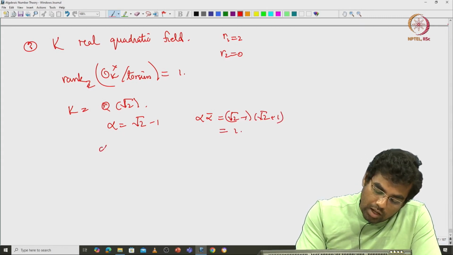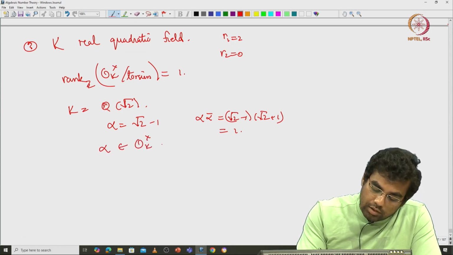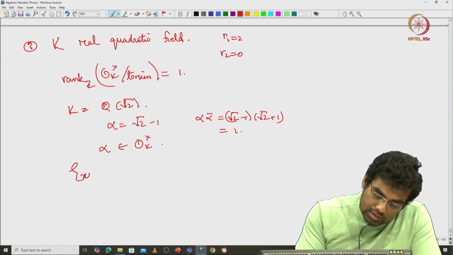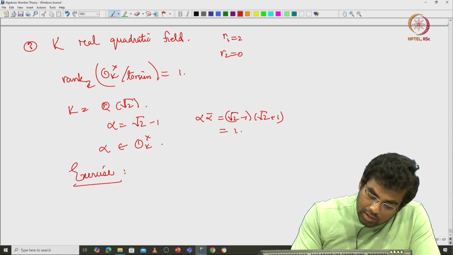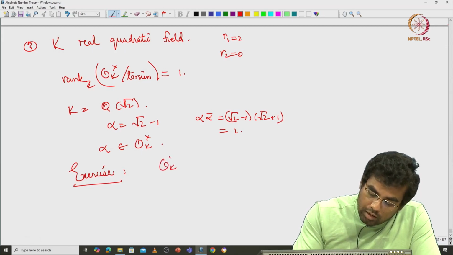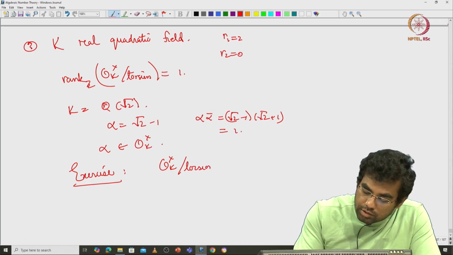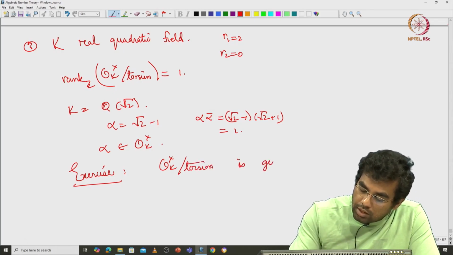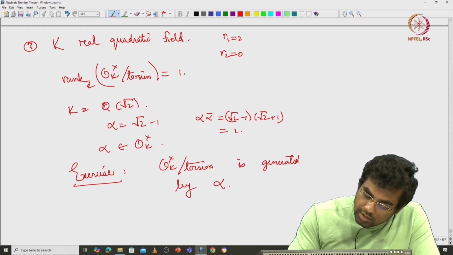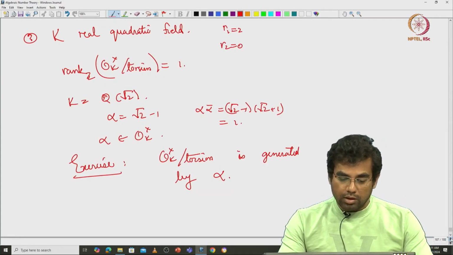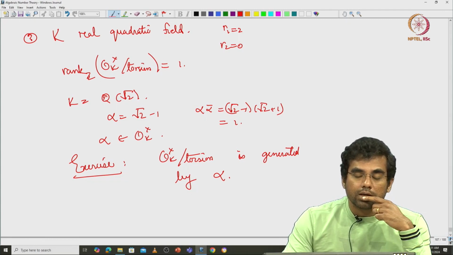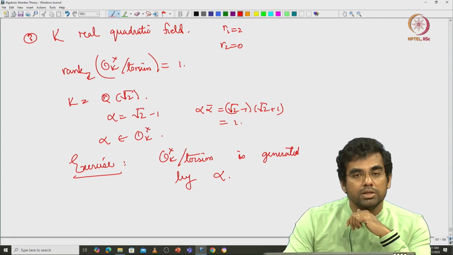And so α is a unit. Here is an exercise, I think this is true, I am going out on a limb here: O_K^× modulo its torsion is an infinite cyclic group, and I think it is generated by α.